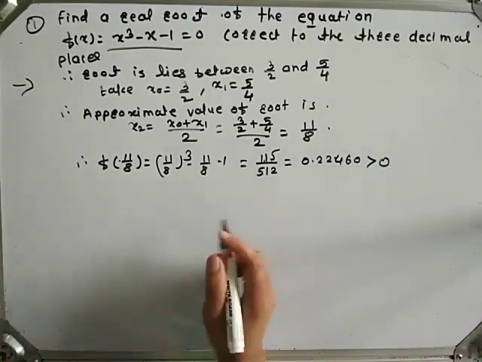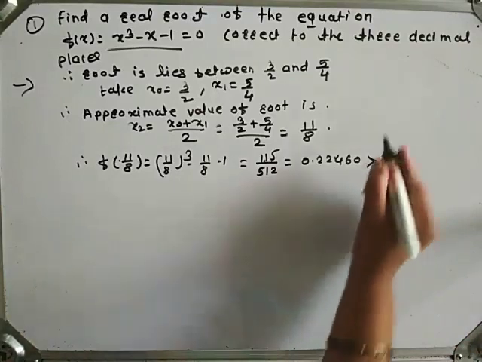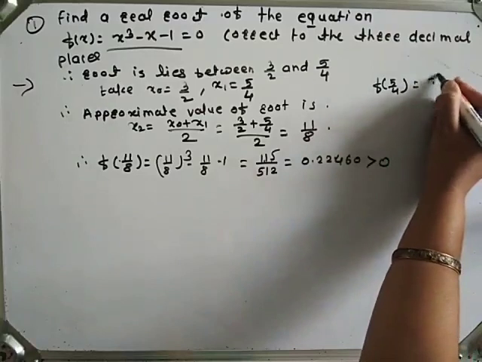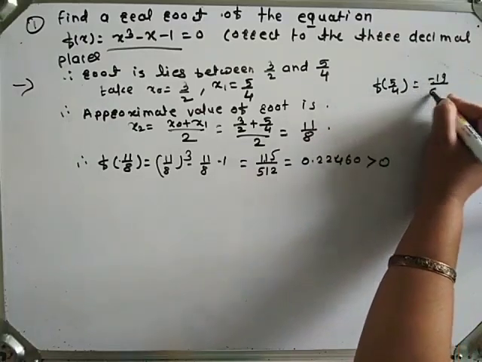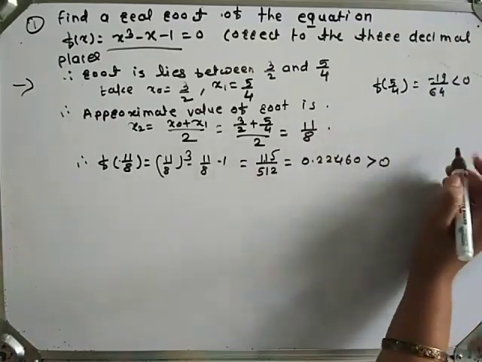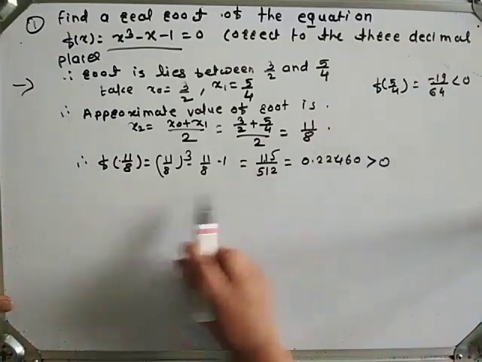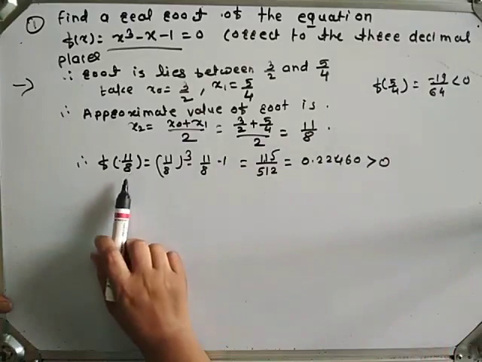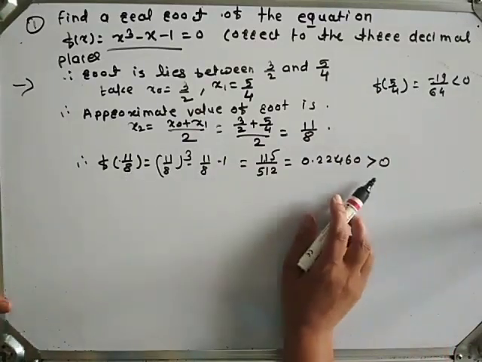As previously calculated, f of 5/4 is equal to minus 19 upon 64, which is strictly less than 0. See here, f of 5/4 is less than 0 and f of 11/8 is greater than 0.